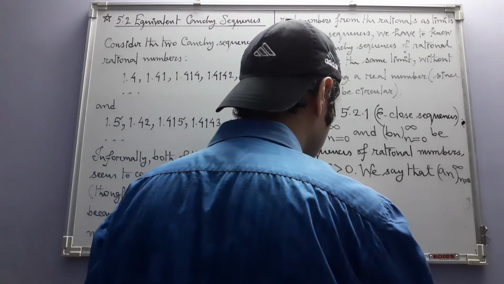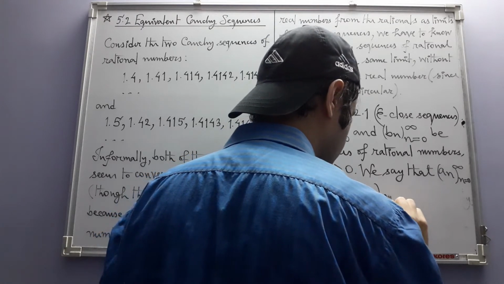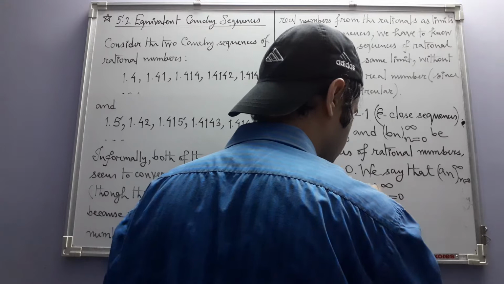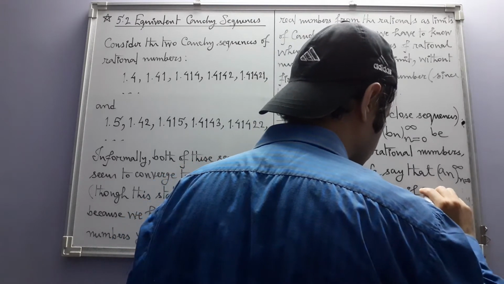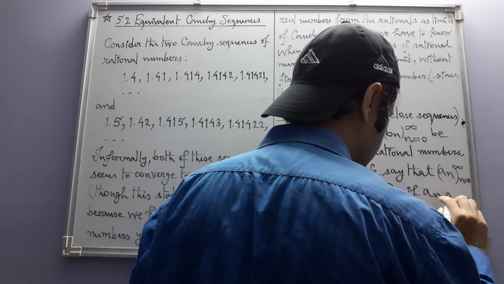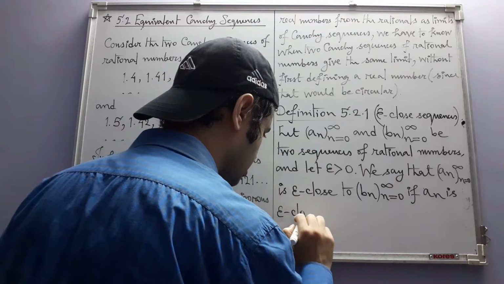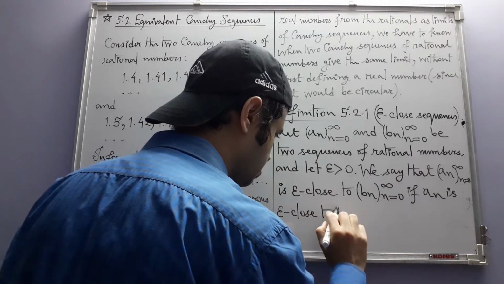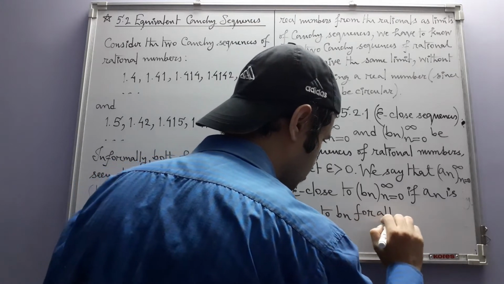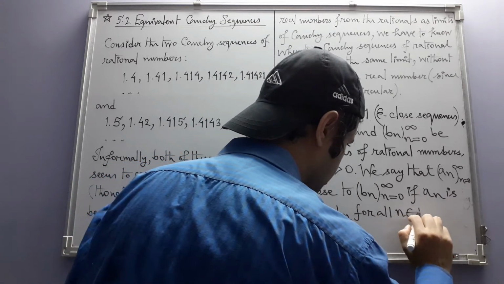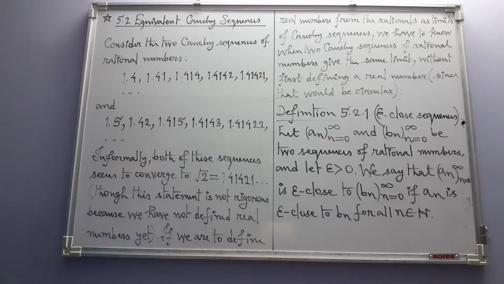Is epsilon close to the sequence b_n if a_n is epsilon close to b_n for all natural numbers n, that is the rational number a_n is epsilon close to the rational number b_n.